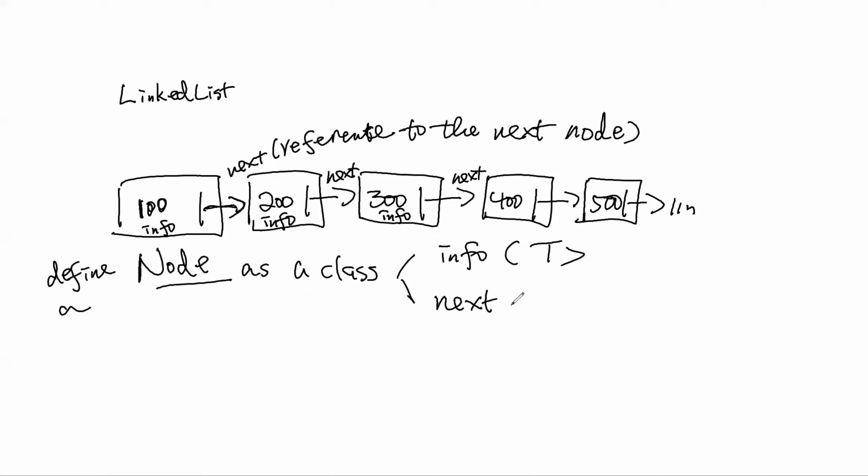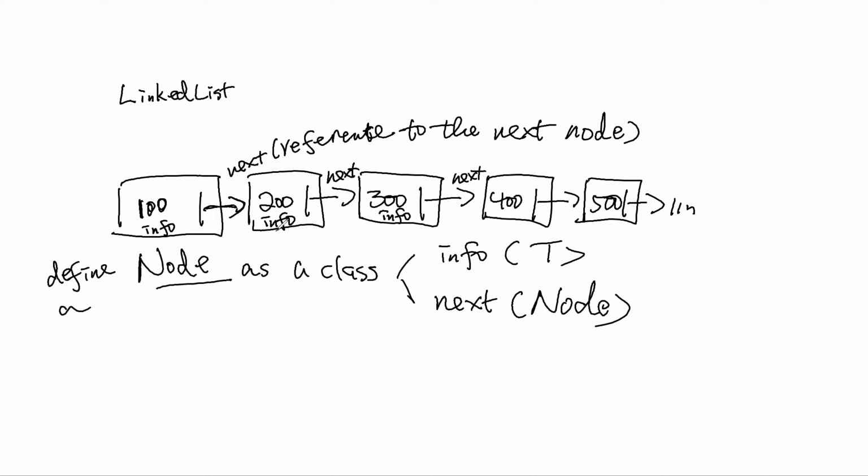What is the type of next? It's a node. This is also kind of like the recursive concept, but it's not recursive. It's a reference to the next node.